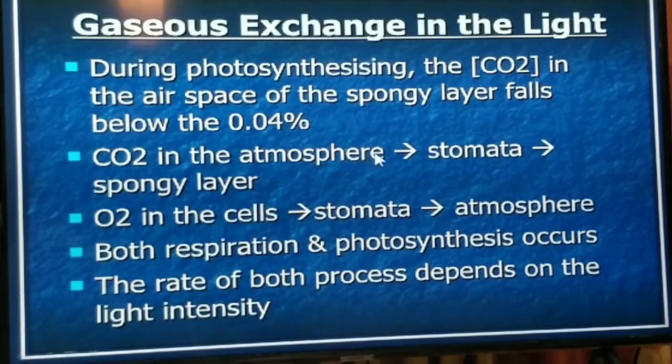From the atmosphere, it moves into the stomata, and from the stomata, it moves into the spongy layers of the stem or the leaves. Oxygen in the cells moves through the stomata and into the atmosphere.